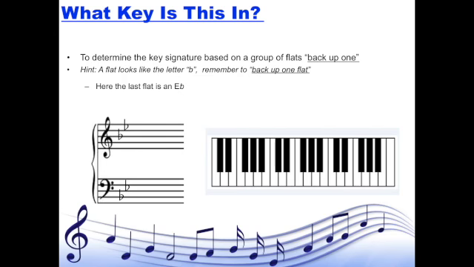So here we're looking at two flats. The last flat, the one that was written last, the one that is furthest to the right, is an E flat. So now, if we back up a flat, we're on B flat. Back up one, this piece is in the key of B flat.